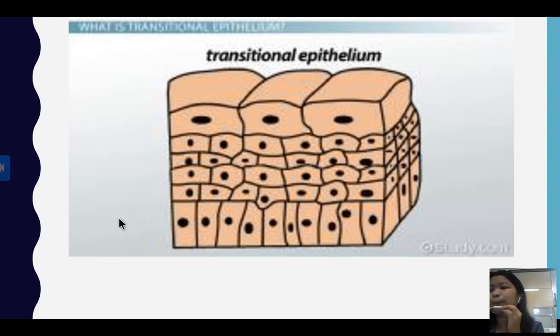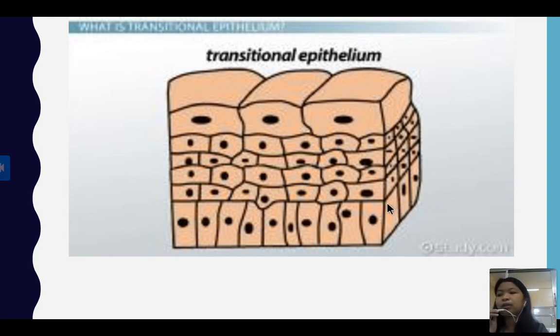Okay. So, here in transitional, the cells of the tissue can change from one cell type to another. So, sometimes, from cuboidal, ayan, so ito yung cuboidal sa taas. When relaxed, cuboidal siya kapag naka-relax, squamous siya kapag naka-stretch.